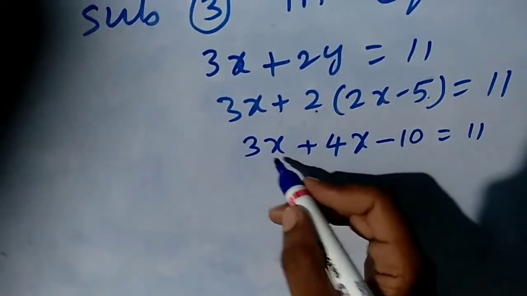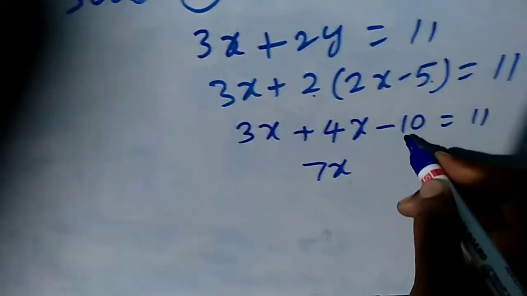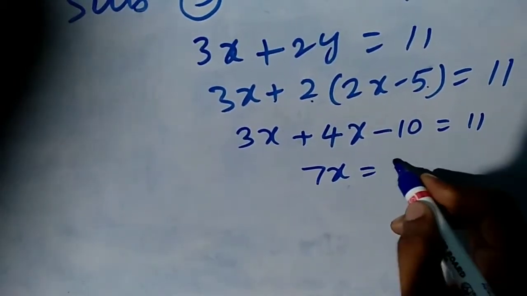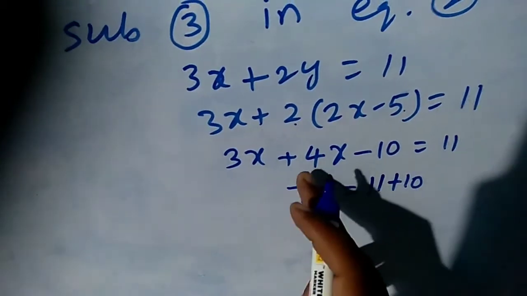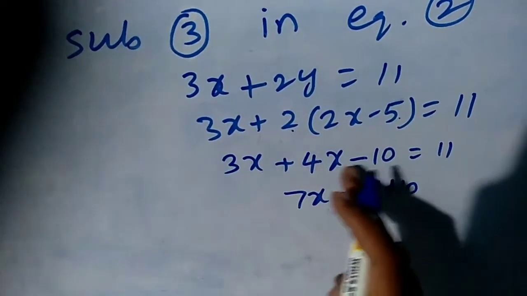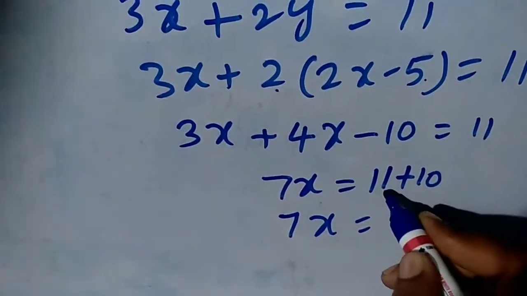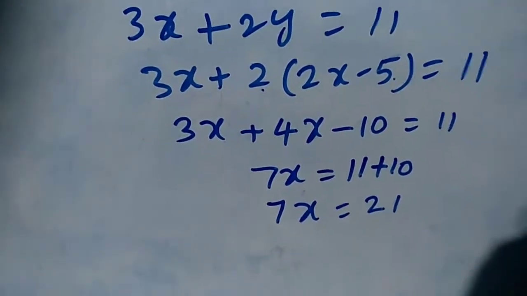Okay, 3x plus 4x is 7x. Transpose minus 10 to the RHS, that means 11 plus 10, because variables are on one side and constants are on the other side. Next, 7x is equal to 11 plus 10, which is 21.